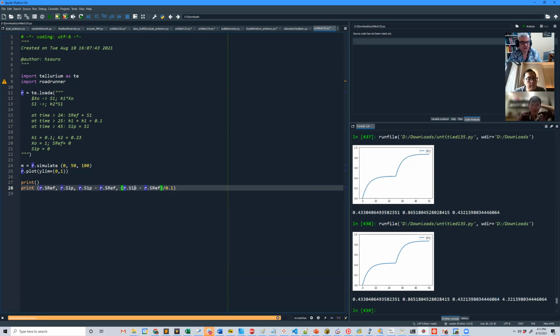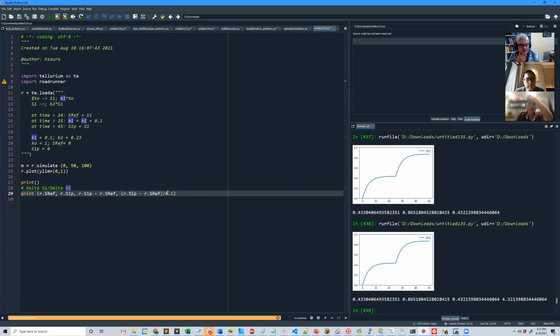So let's just write down what this is. This last thing is the delta S1 divided by delta K1. That's what it is, okay? So it's the change in S1 divided by the change in K1. Change in K1 was 0.1, okay?